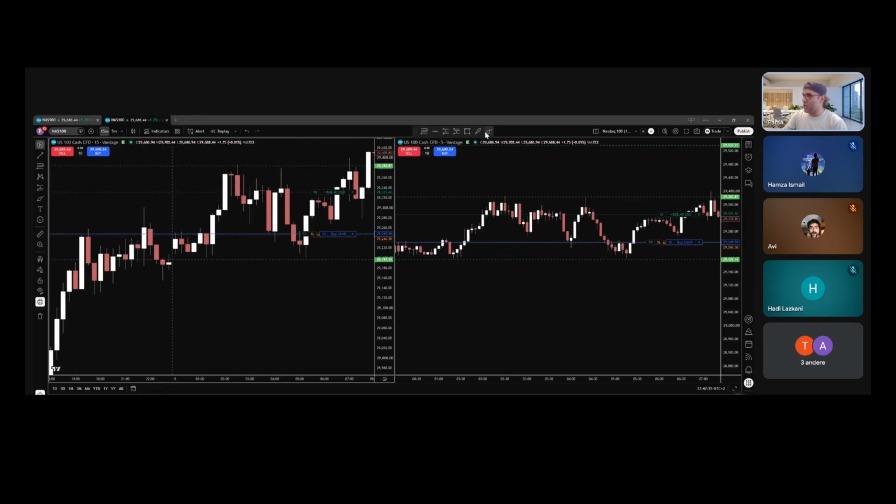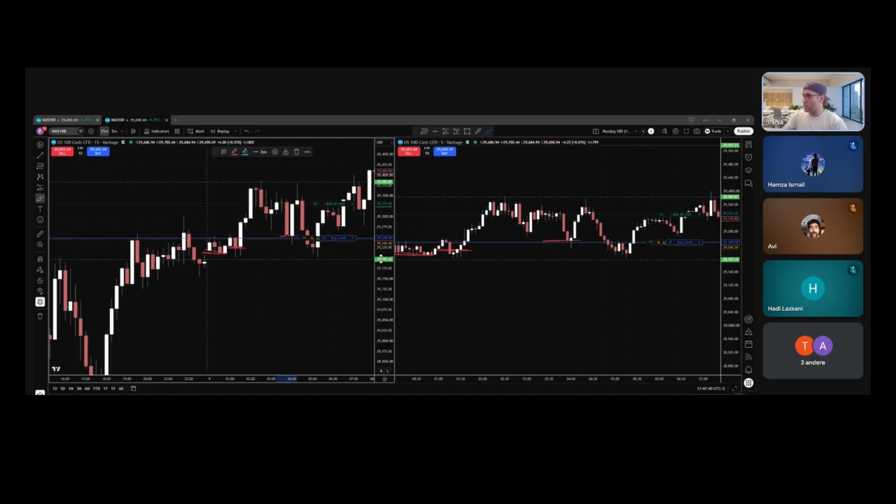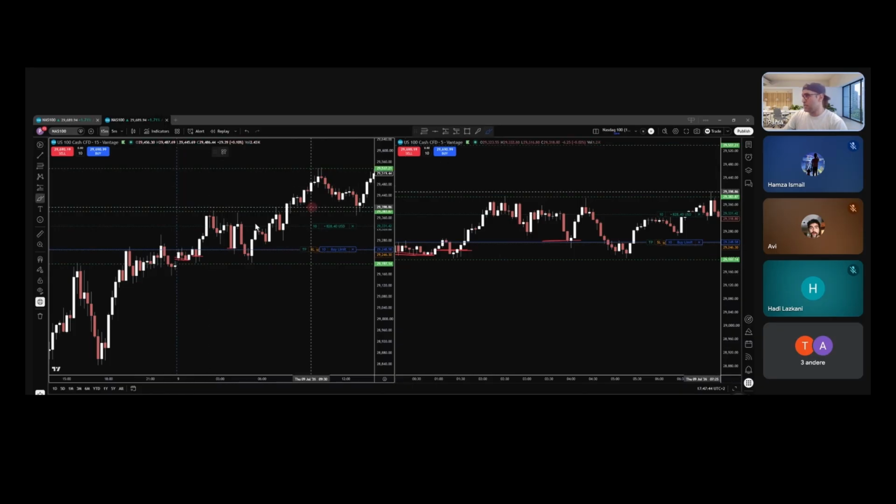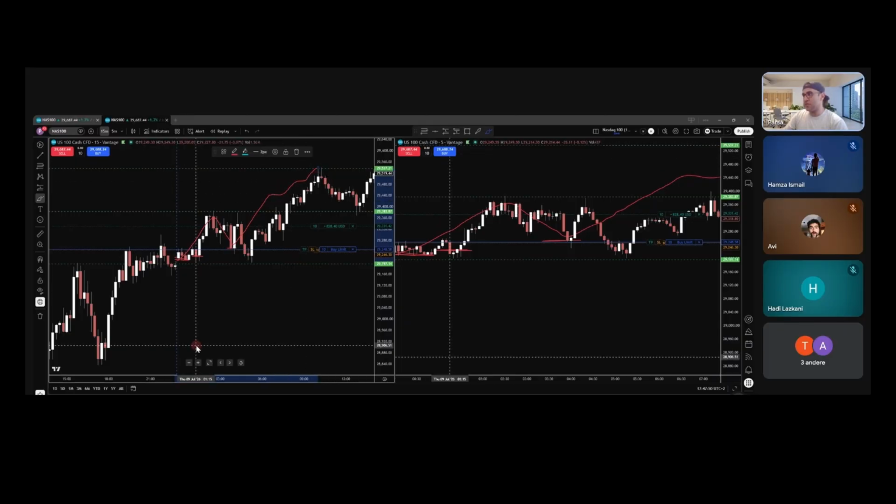I said, okay, my bottom was here. Then it became here. Now it's becoming here. I was anticipating, because I said it resisted to close below that one here, so it showed me it's like to go up. So I was maybe thinking, hey, you know what? It's not a clean one, but maybe something like that will go here.